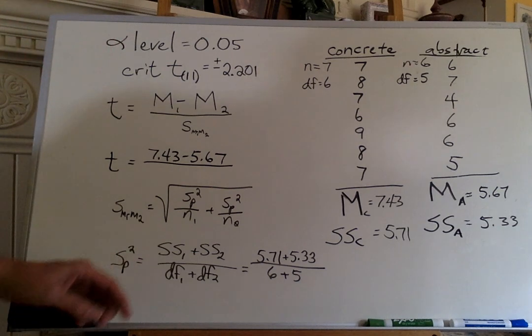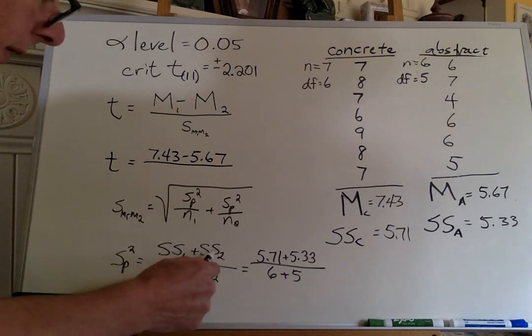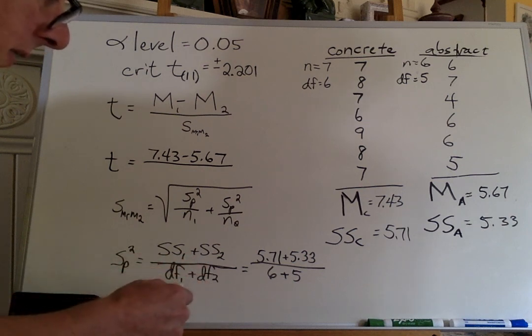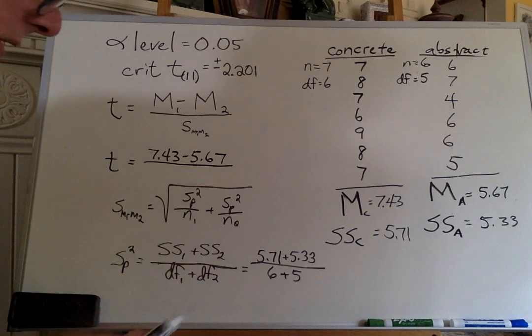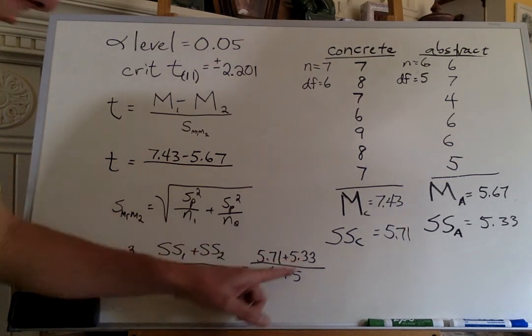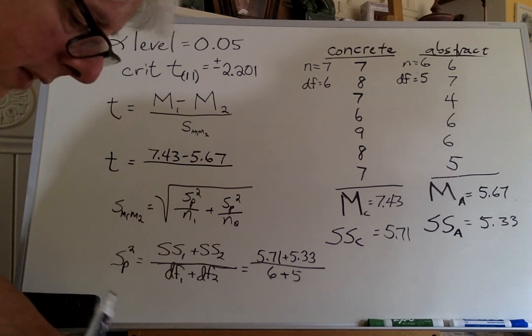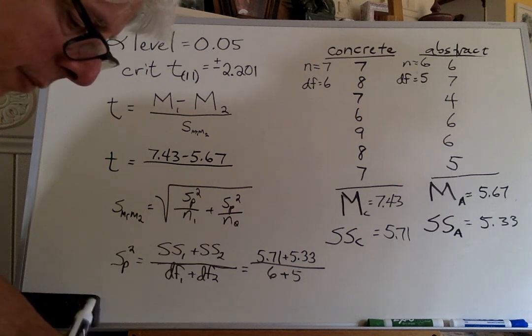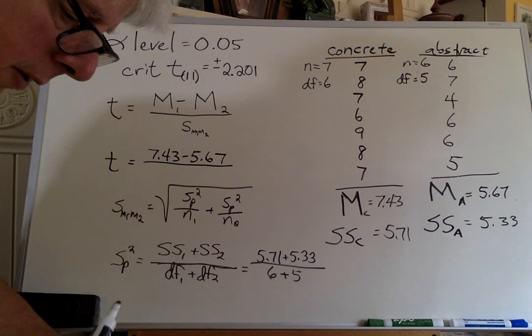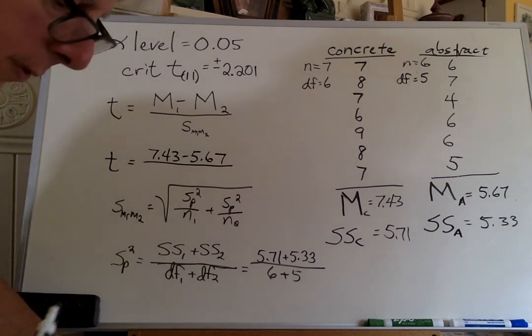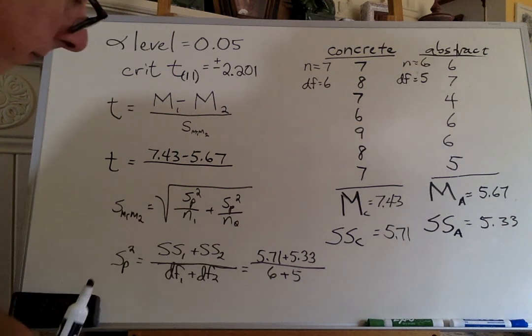We're adding these together, then dividing them by the addition of these together. So it's 5.71 plus 5.33 divided by 11. Let's do that. 5.71 plus 5.33 equals 11.04, divided by 11 equals 1.